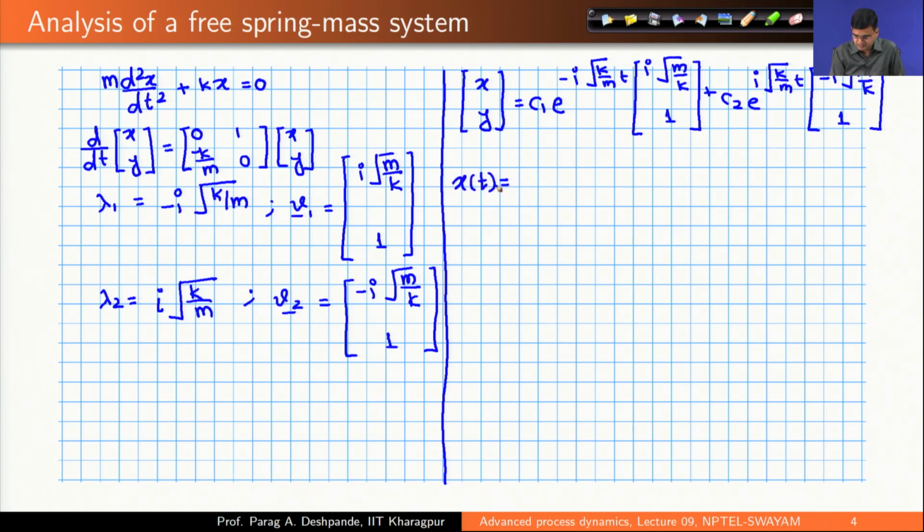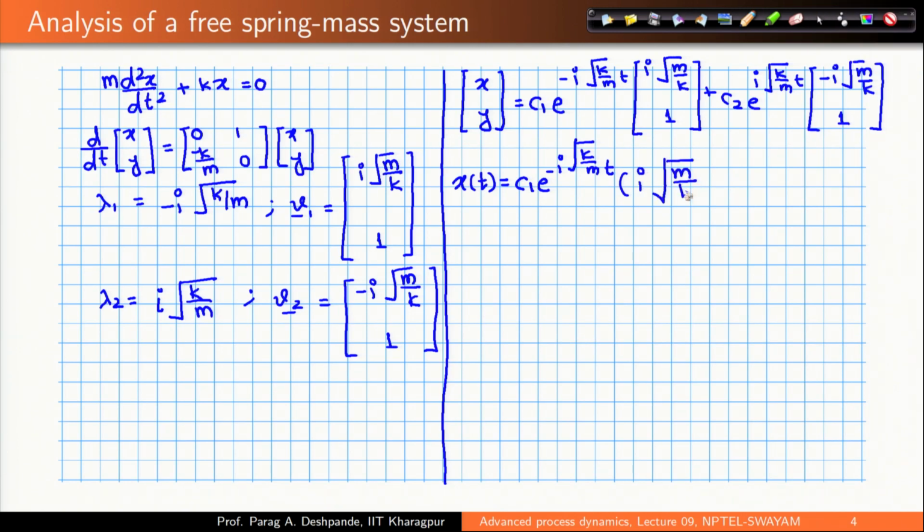of t is equal to C 1 e to the power minus i root over k by m t multiplied by i root over m by k plus C 2 e to the power i root over k by m t multiplied by minus i root over m by k.